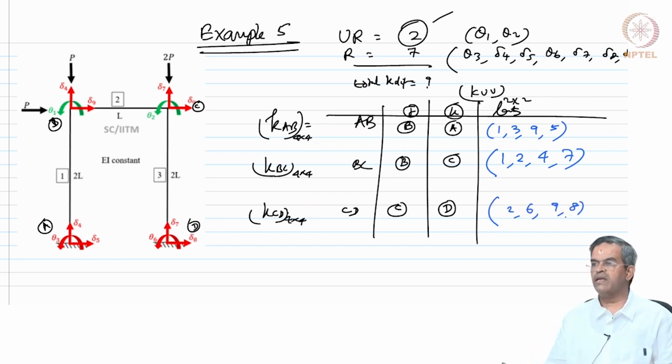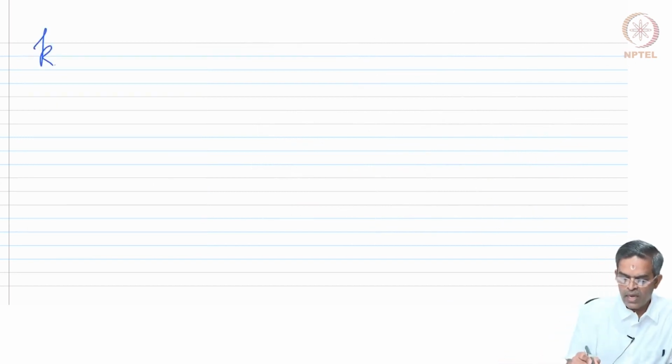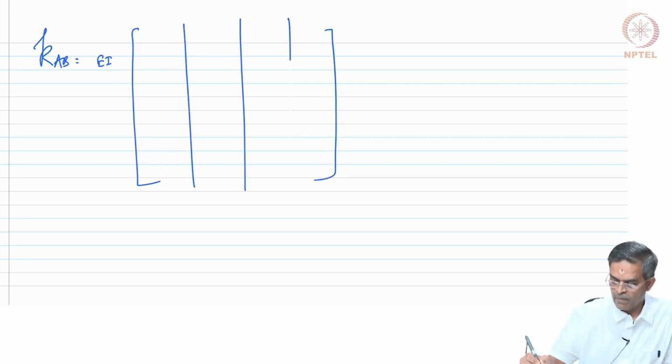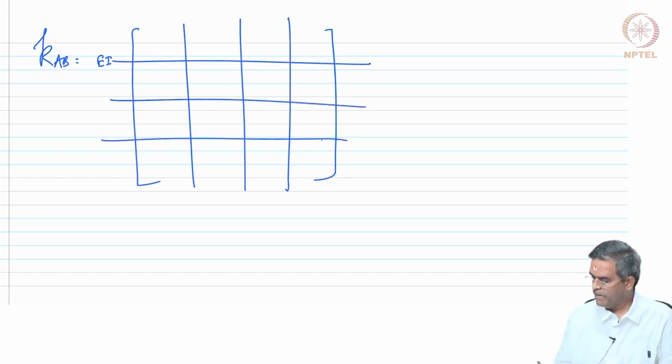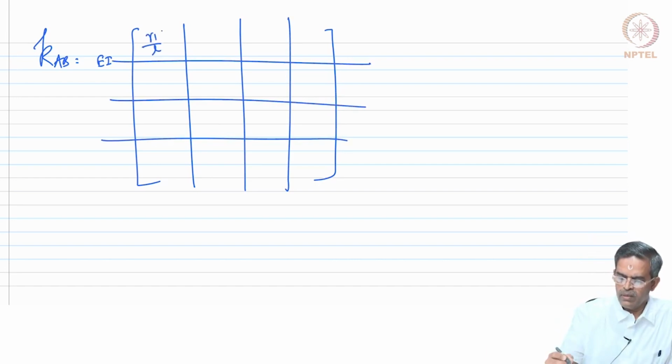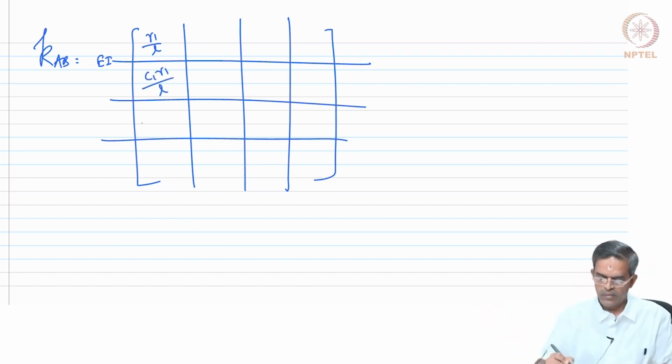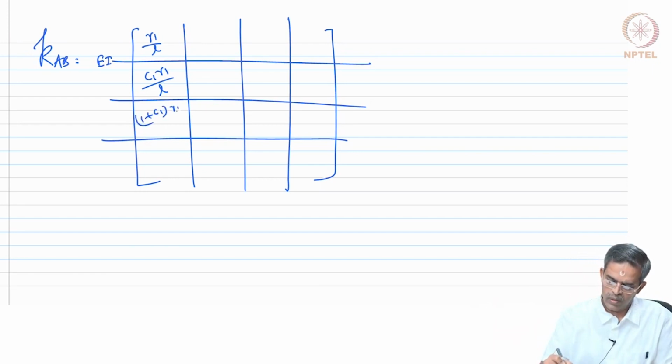So, friends, I think we can write easily the stiffness matrices of all the members. Let us do that quickly. So, KAB will be E times of R1 by L, 1 plus C1, C1 R1 by L, 1 plus C1 of R1 by L, minus of this.